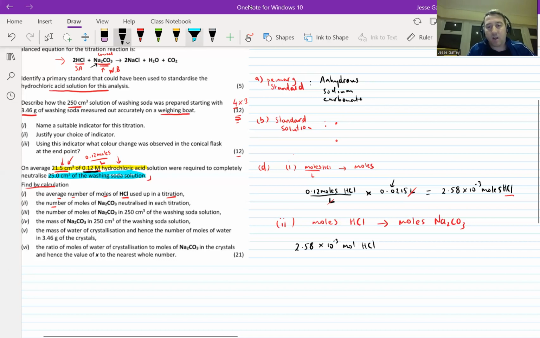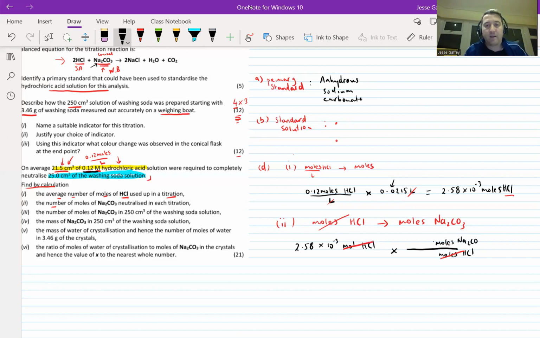I need that to be gone. And I want to be left with moles of Na2CO3. So I need this to cancel. So how can that cancel? It can cancel if I times by a conversion factor that has moles of HCl down here in the denominator. Then it can cancel like this. And then I can put moles of Na2CO3 in the numerator.